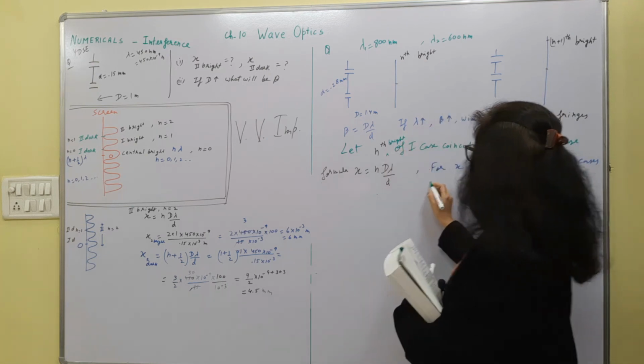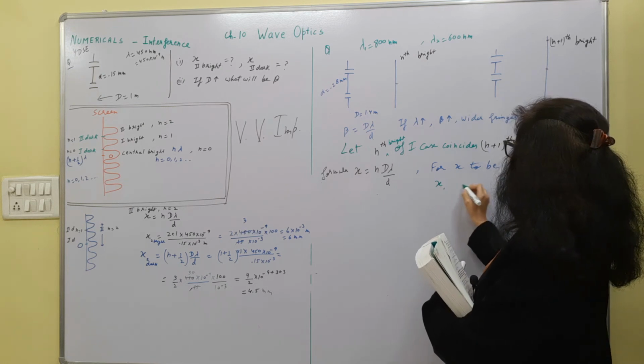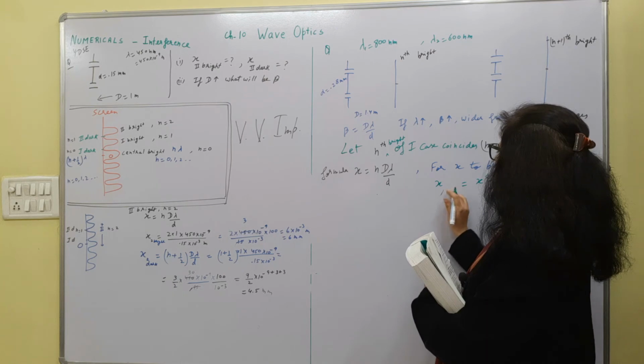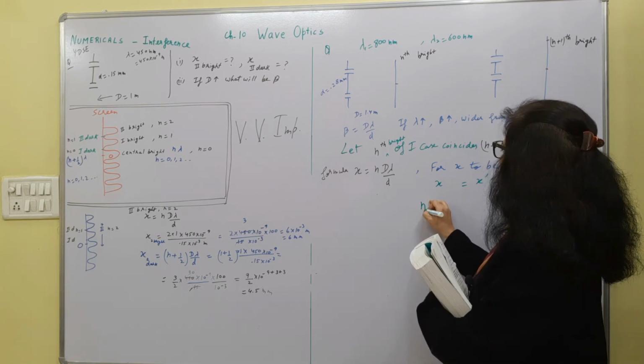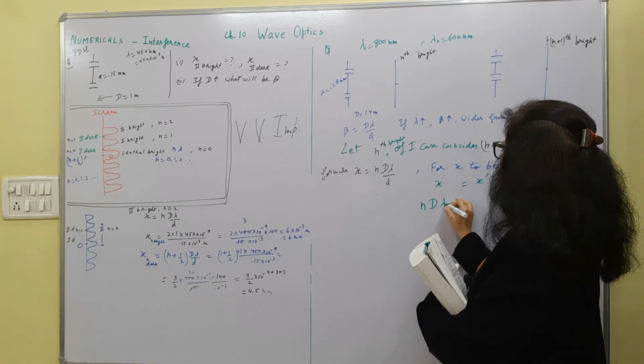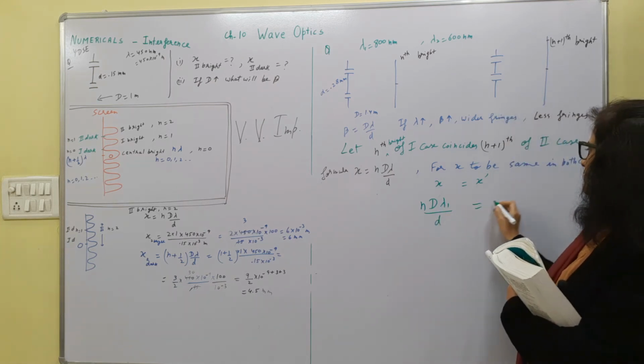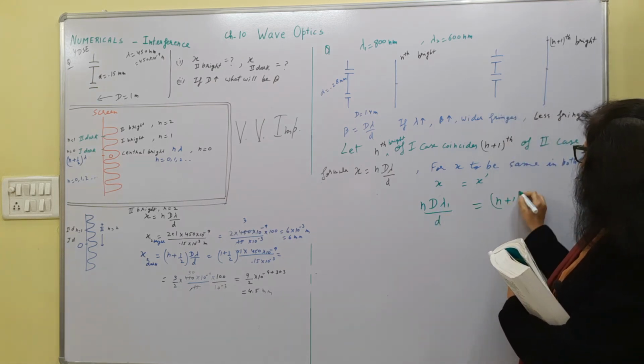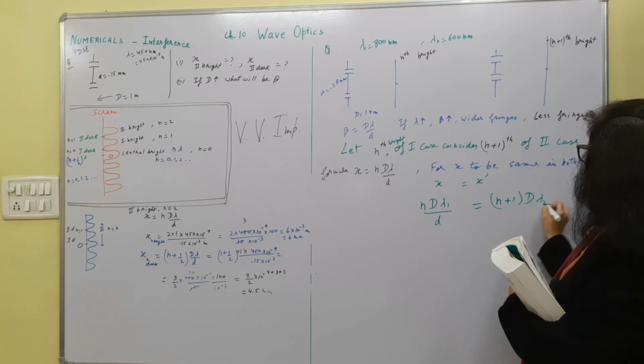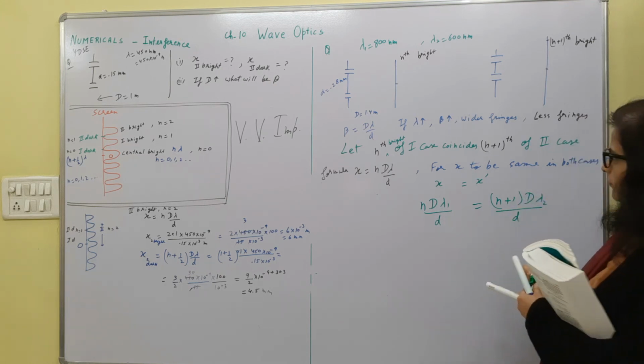So we can write x of first case is equal to x dash of second case, right? So that is n D same, lambda 1 upon d, this is also same, and this is n plus 1 D same, lambda 2 upon d, right?